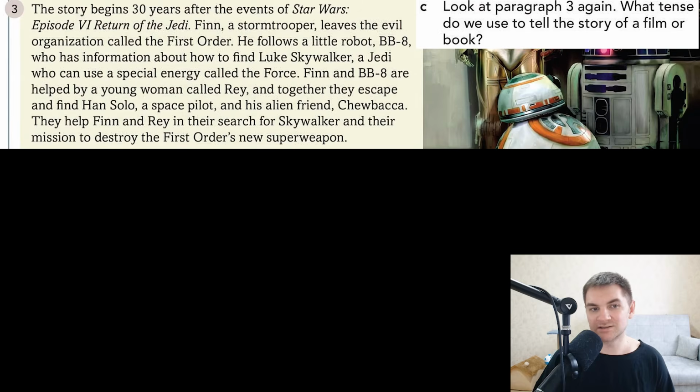Part C. Identify the tense. Now look carefully at paragraph 3, the one that describes the plot of the film. What verb tense is used to tell the story or plot of the film? Think about, is it past, present, or future tense?